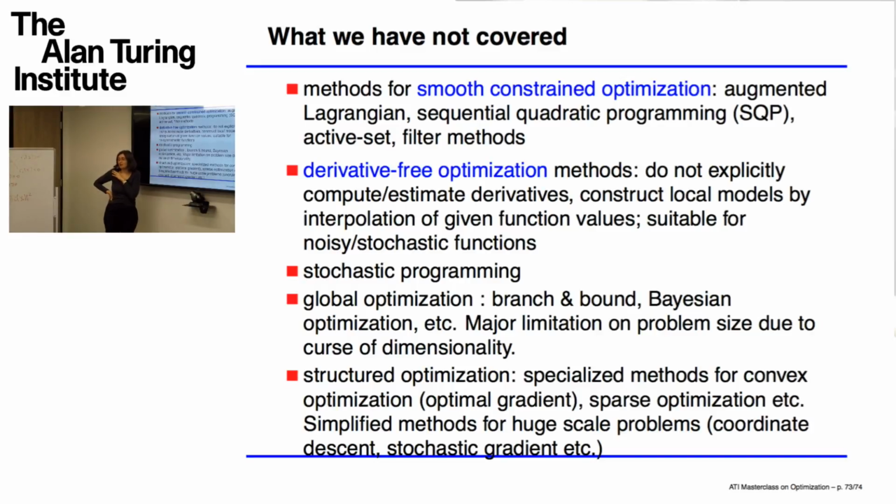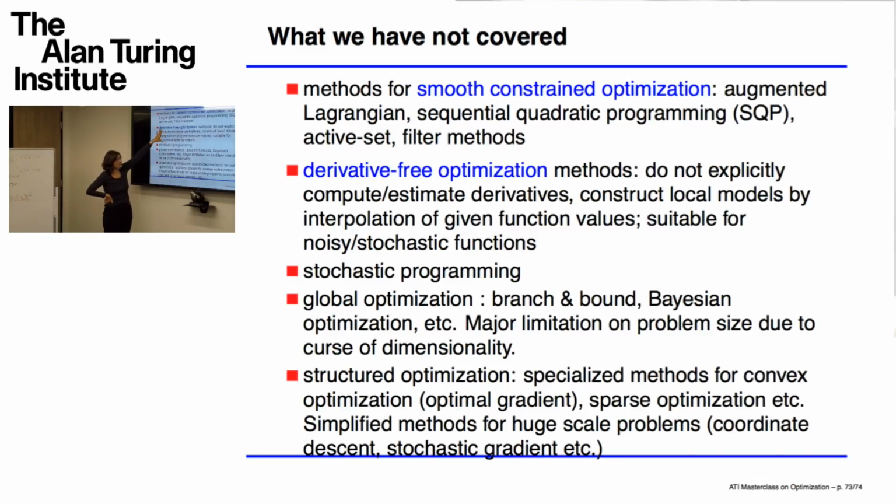Okay? So if you have an optimization problem, you need to think about what kind of information you have about your function. Do I have derivatives? Are they accurate? Is this a noisy problem? If it's a noisy problem, you can't use what I've said.